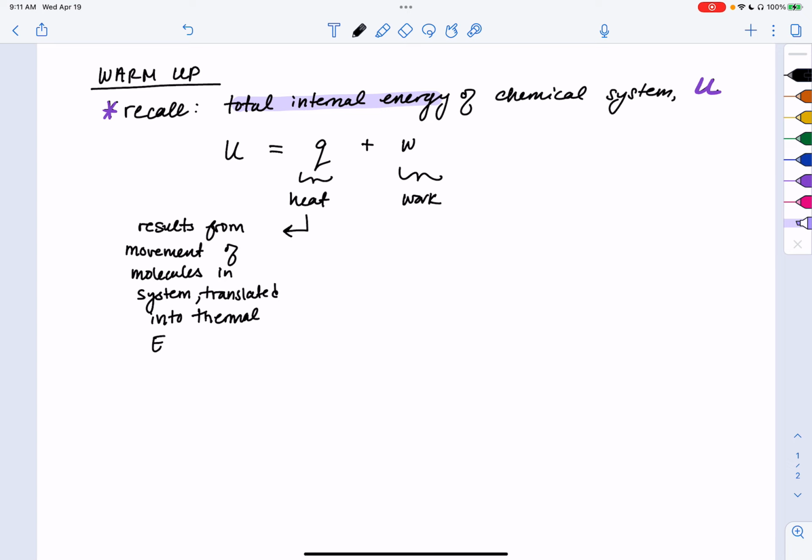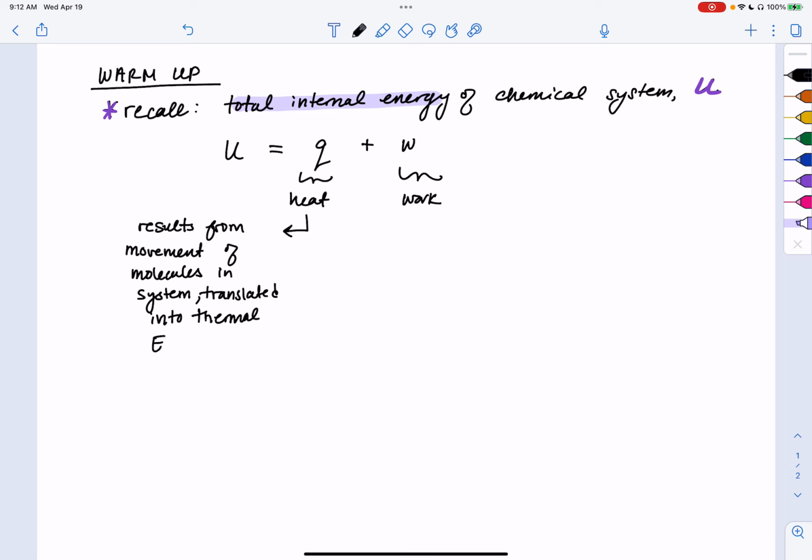which you can envision for yourself right now at your desk. If you were to sit and rub your hands together, right? If you were to create motion between your hands, the force of friction between your hands would cause that kinetic energy acting against friction to then be converted into thermal energy, right? So we have this idea that movement, kinetic energy, and temperature are all inherently related.